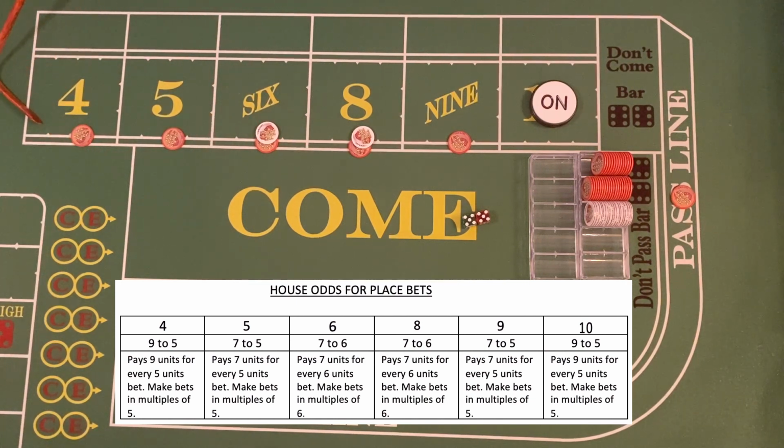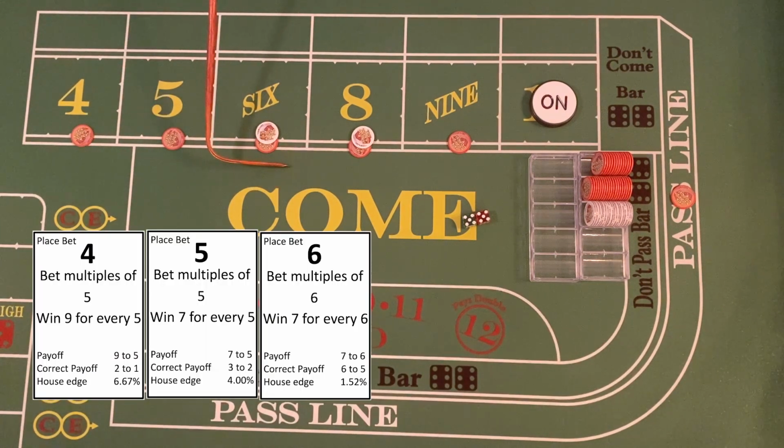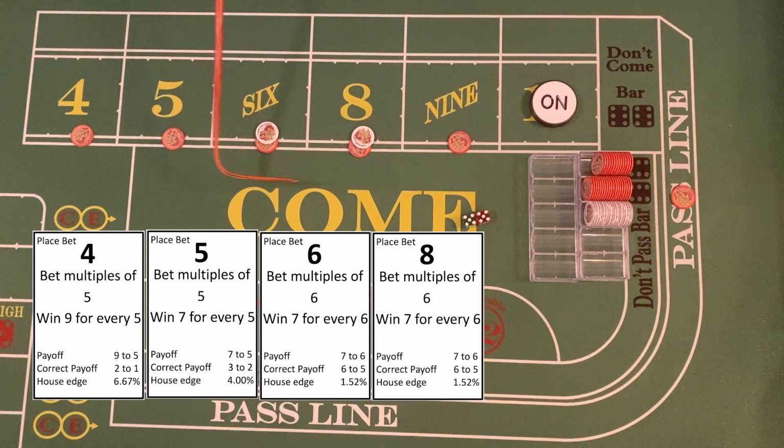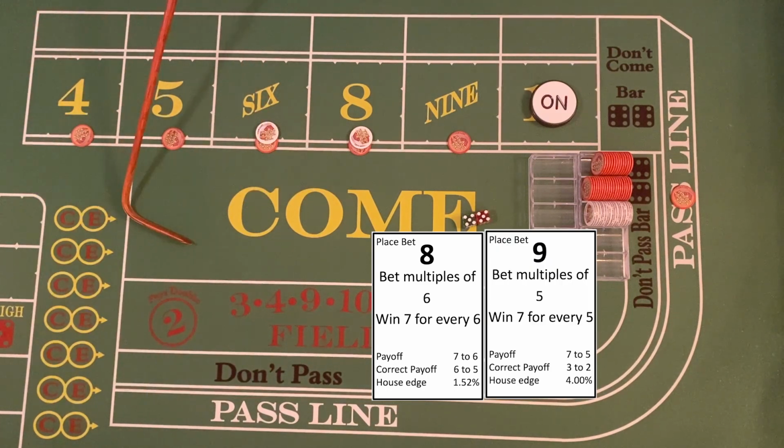And you can see from the different graphics what the house edge actually is. And so you can see when you get to the 6 and 8, it's a very small house edge, 1.52%, which is, you know, not bad, but still they are not paying you out correctly. You should be able to bet 5 to win 6, but they pay house odds.